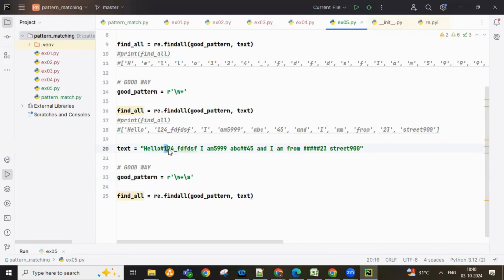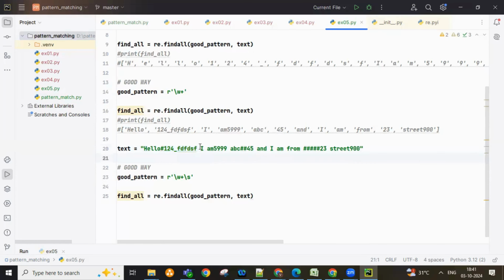Next, from here till here it matched. You got it? So this slash W plus, isn't it, guys? Clear? Also there is a space here. So then this is the one that matched. And here this is not matched. Here, if you observe, until this point it matched, correct?